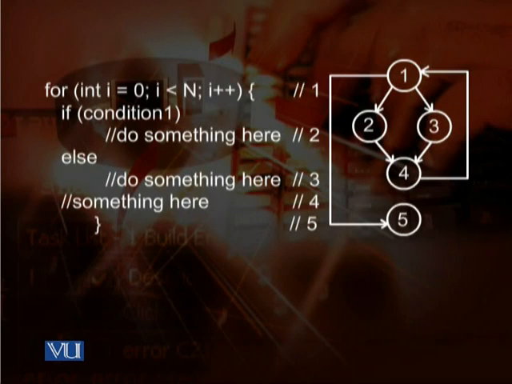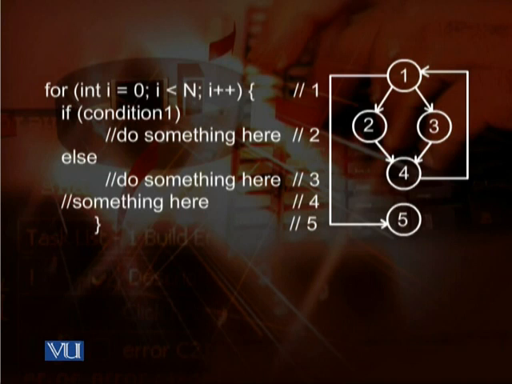Another path: we start from 1, go to 2, go to 4, come back to 1, go to 2, go to 4, come back to 1, and then go to 5. This is one path. Another path could be 1, 2, 4, 1, 3, 4, 1, 2, 4, 1, and then 5. So this is yet another path.